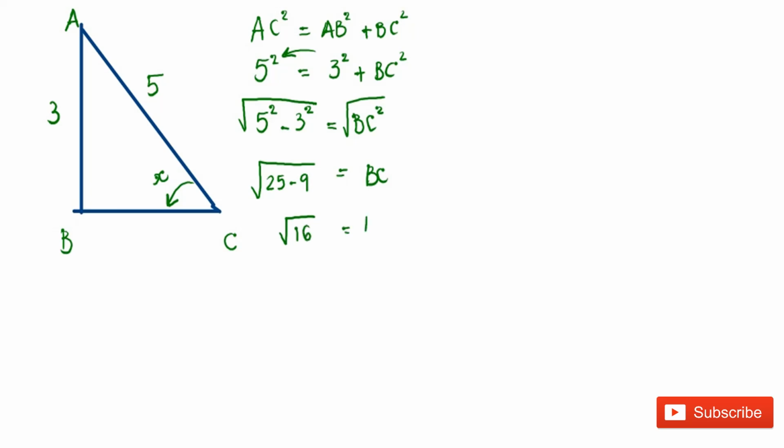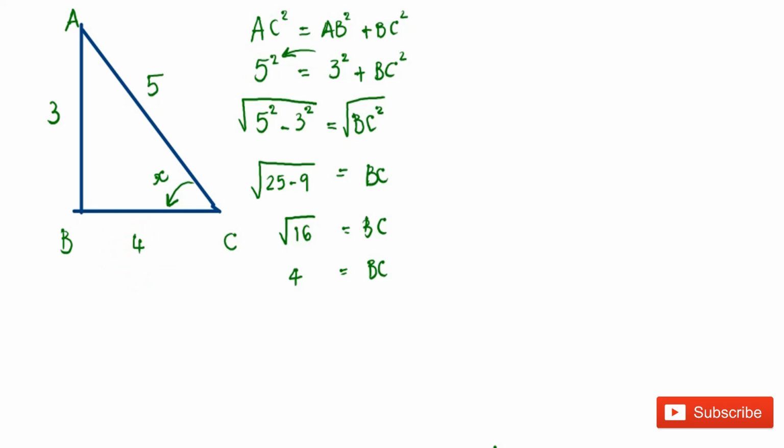In other words, our side BC is equal to 4. Now that we found BC, we have the opposite side to our angle x, the hypotenuse, and the adjacent side to our angle x. So how do we move forward from this?